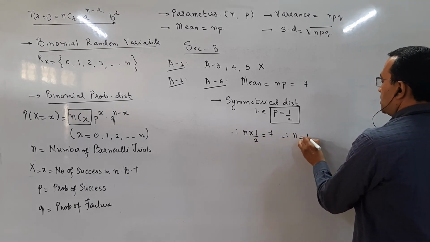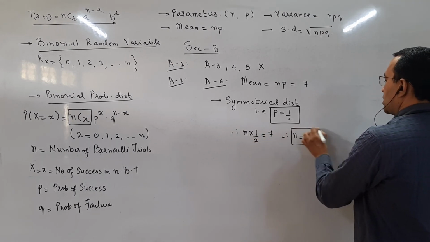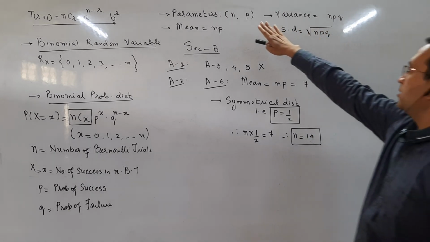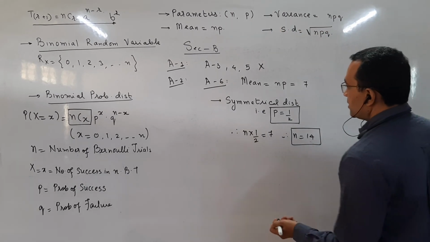So the number of repeating Bernoulli trials is 14. This is how we have to do the sum. Okay. The parameters of a binomial distribution are 10 and 2 by 5. Parameters are n and p. Our formula number 1. Answer 7.